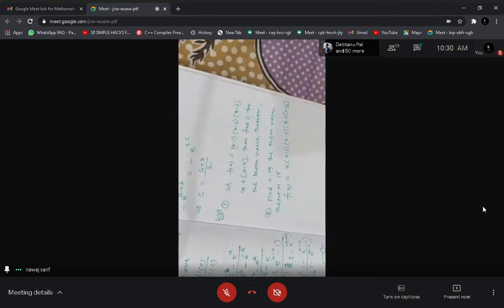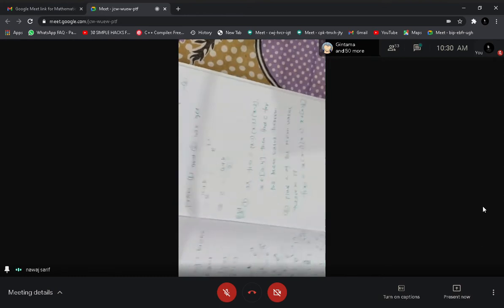So these are two functions. Just try to find out the value of c for which the mean value theorem is satisfied.